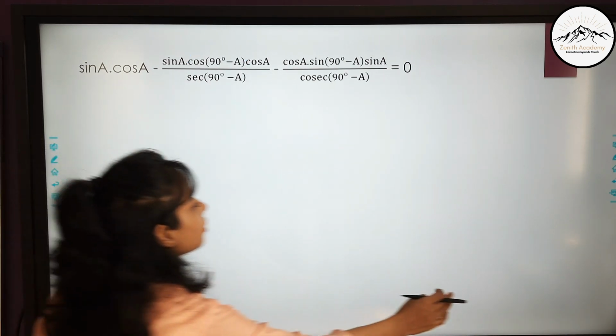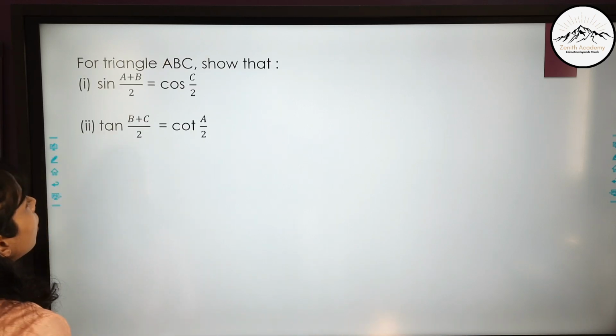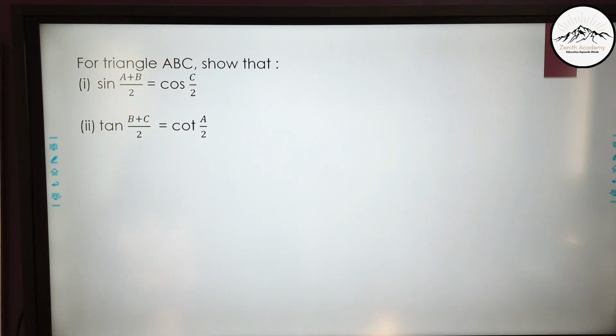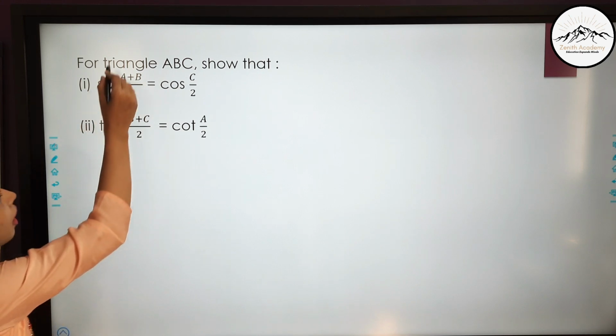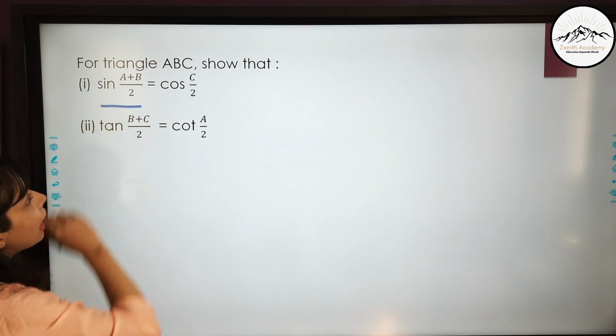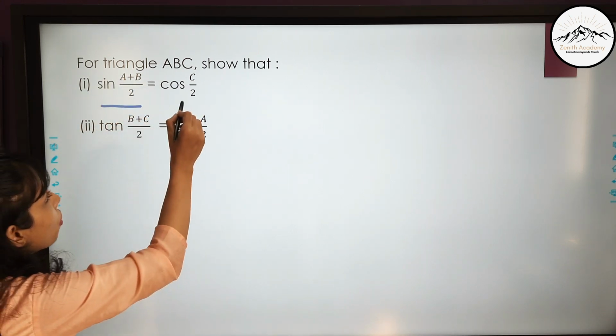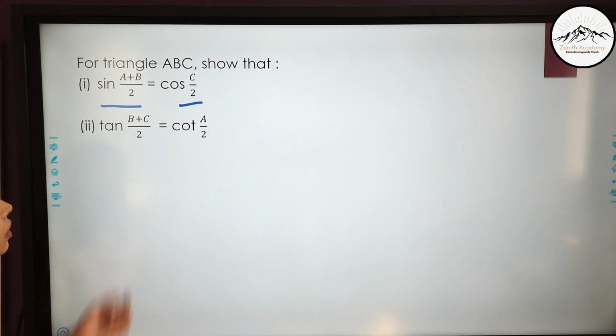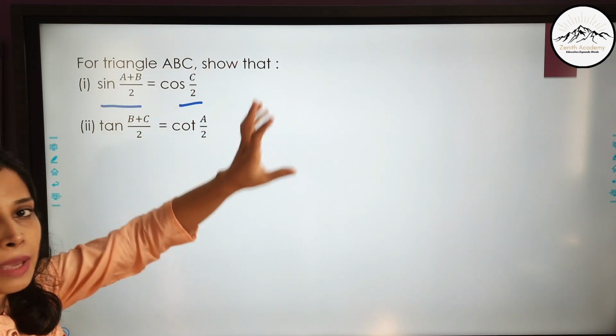Let's move on to our next question. For triangle ABC, show that our first part is sine A plus B by 2 is equals to cos C by 2. Now it is saying for a triangle ABC.